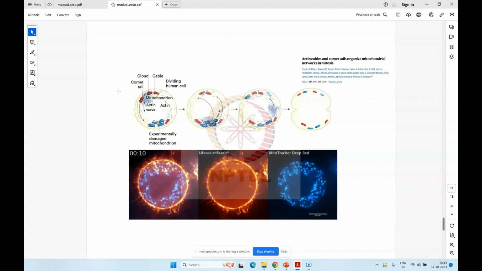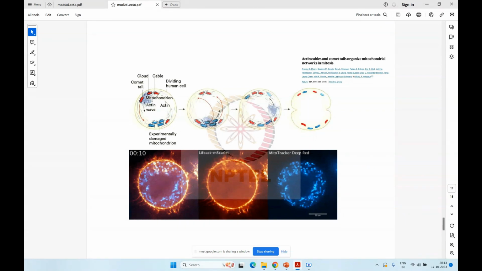This is basically an experiment to prove how the mitochondria get divided inside the cell into two daughter cells.